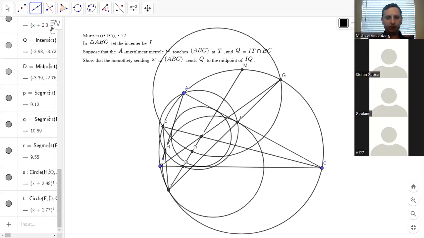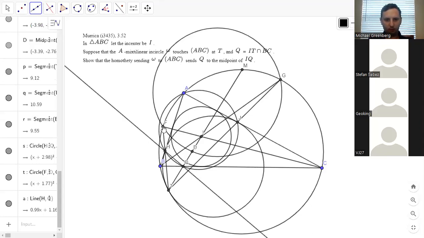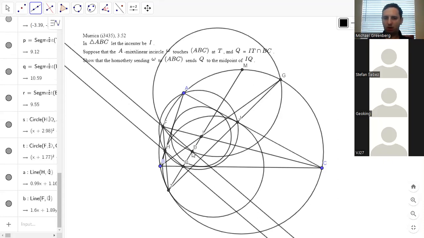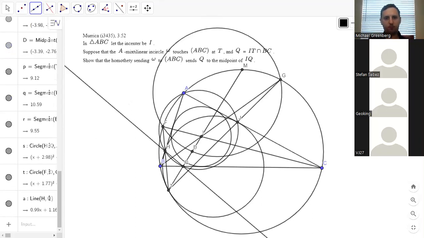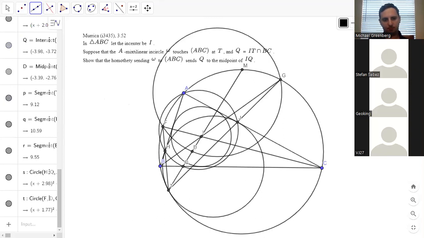Maybe that might be an easier way to think about this. That's kind of interesting. So HQ is parallel to FD.